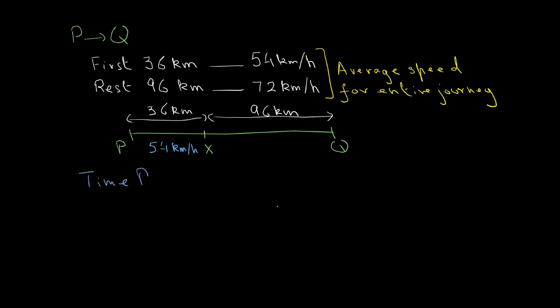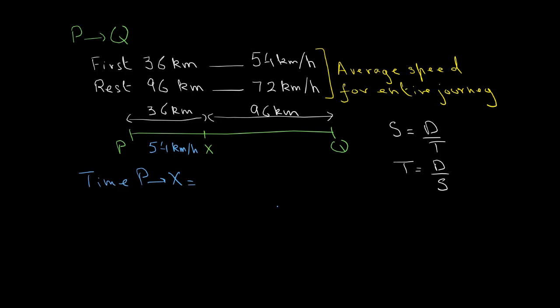So I'll use time from P to X. Again, please remember this basic formula, which is really useful: speed is equal to distance over time, which implies time is equal to distance over speed. This is just a cross multiplication.